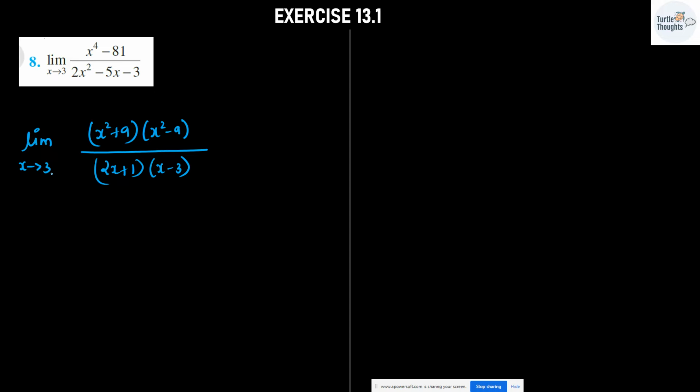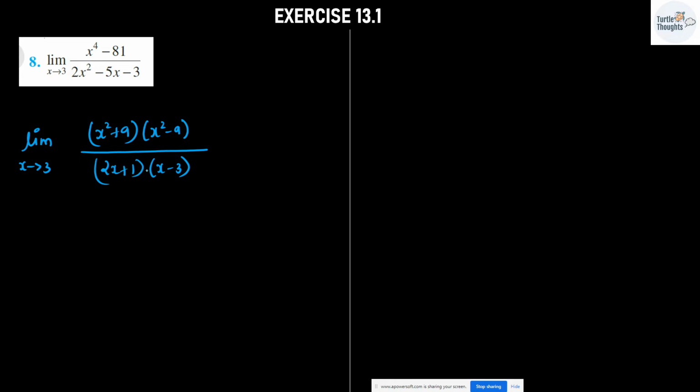Now, let me check whether I'll be getting the answer. When I substitute 3, again, here 3 square is 9. 9 minus 9 is 0. Here 3 minus 3 will be 0. Again, I cannot solve, right? Further, I need to simplify this equation.